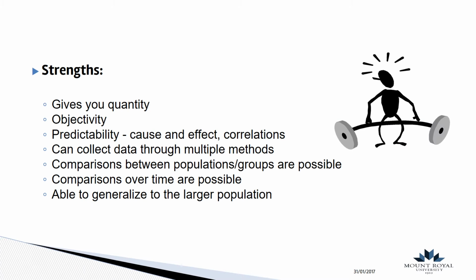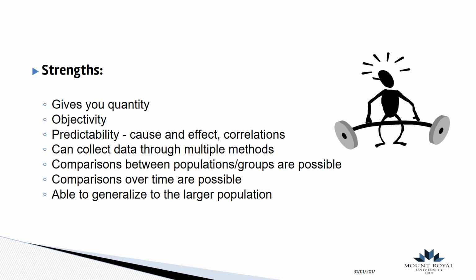So some of the strengths of quantitative design is certainly it gives you quantity, it gives you numbers and values and what have you. So that's quite different than qualitative. It provides objectivity, so it eliminates a lot of the subjectivity that could impact a research design.